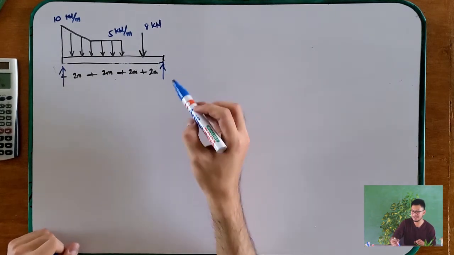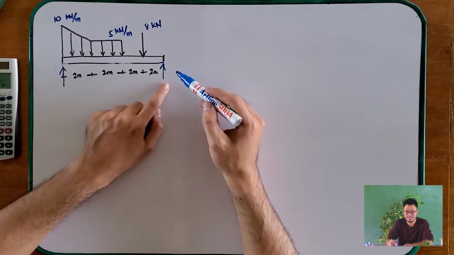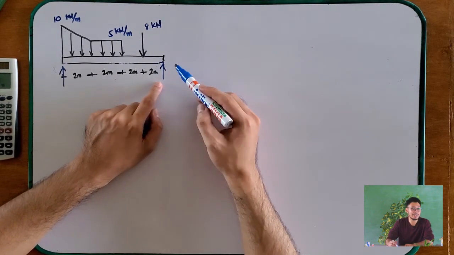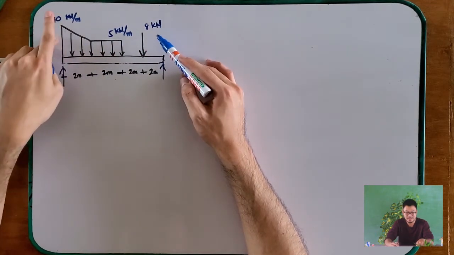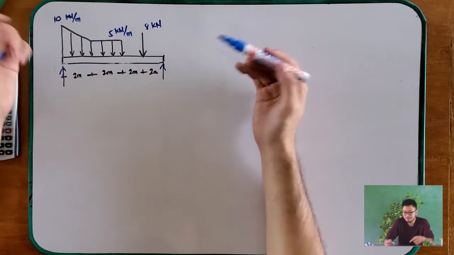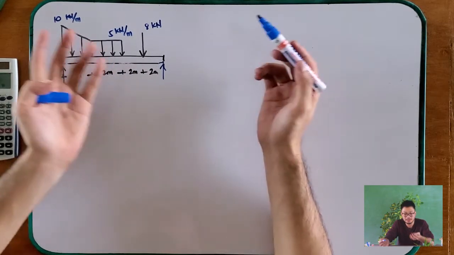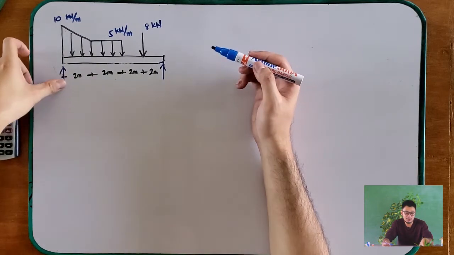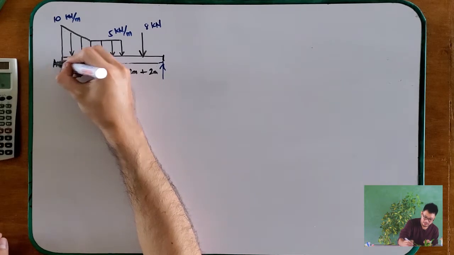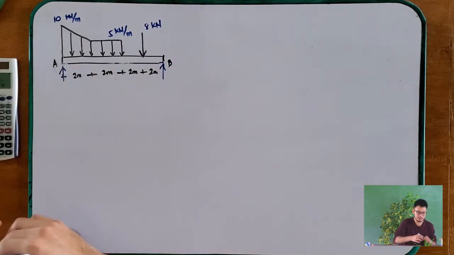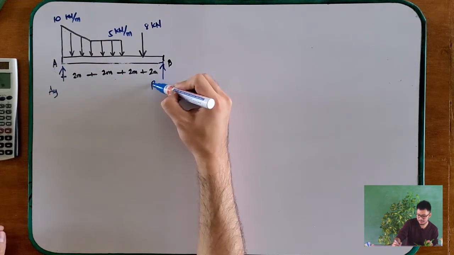And since we know that a pin restricts x and y components, but we can see here that there is no x component, then we can say that the x component of your pin is 0. So, we just cancel that. And we have to solve for this, your A, and this, your B. So, you have to solve for your AY and your BY.